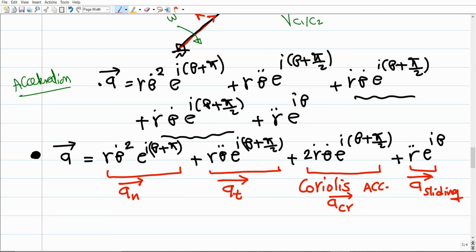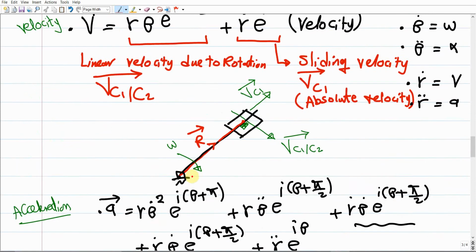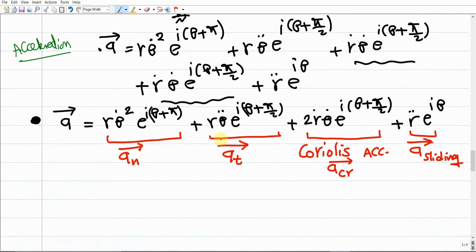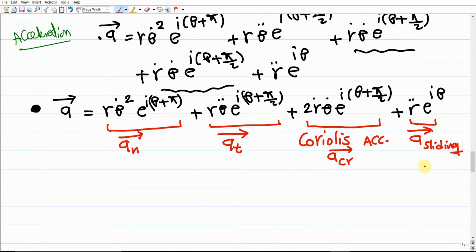Okay, but how about these other components? If we consider C1 and C2, these 2 virtual points again, you're gonna see that this acceleration is basically the acceleration of point C1 that belongs to the slider, and how the speed of the sliding motion of the slider changes over time. But these other components are the a normal of point C1 with respect to point C2.